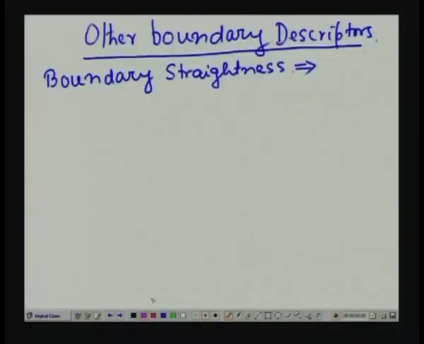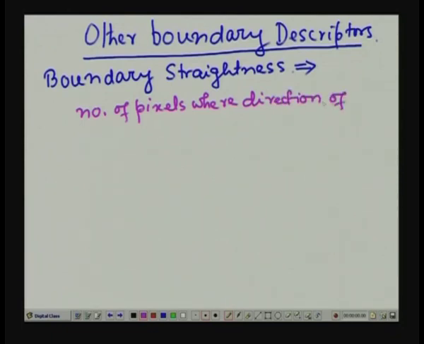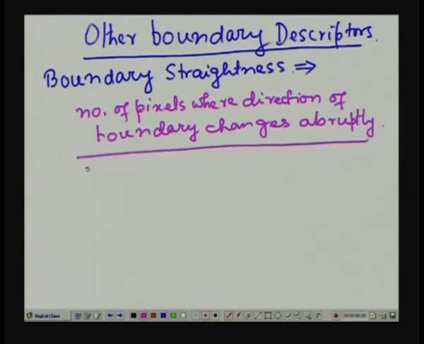Even in the discrete case, boundary straightness is defined as the ratio of the number of pixels where the direction of the boundary changes abruptly to the total number of boundary points.